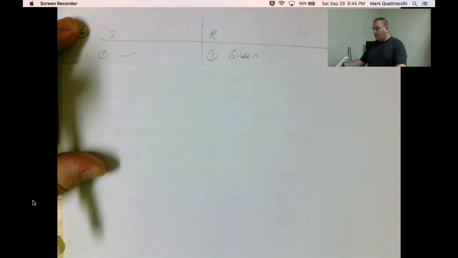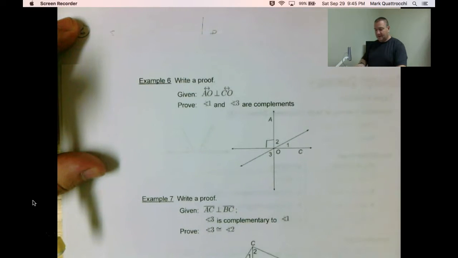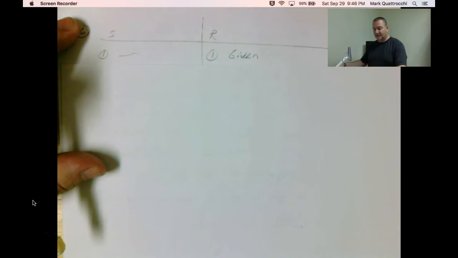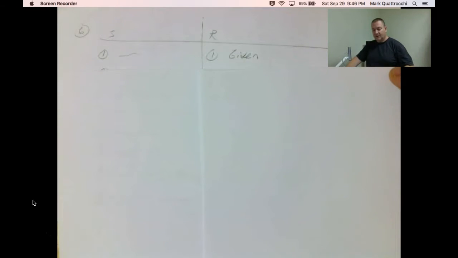What do we know when I say AO is perpendicular to CO? What does that mean? What information does that give me? If AO is perpendicular to CO, then angle AOC is a right angle.